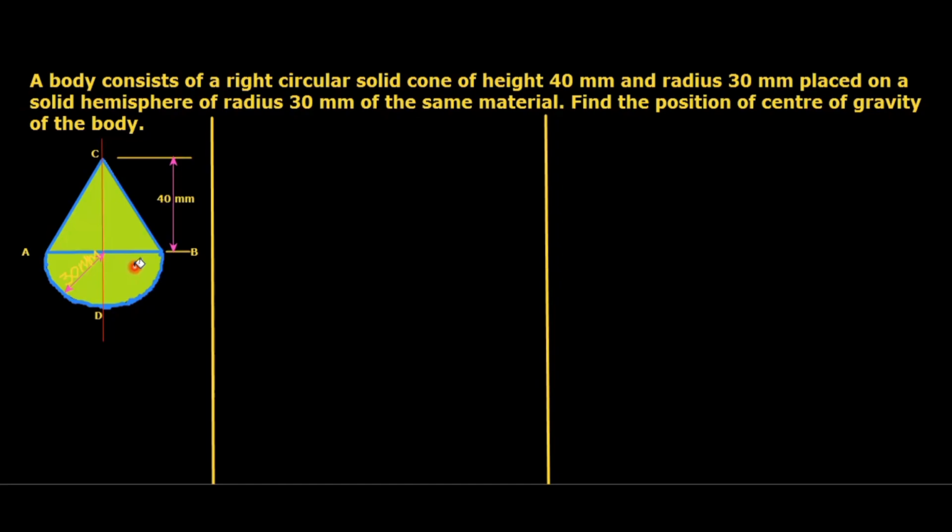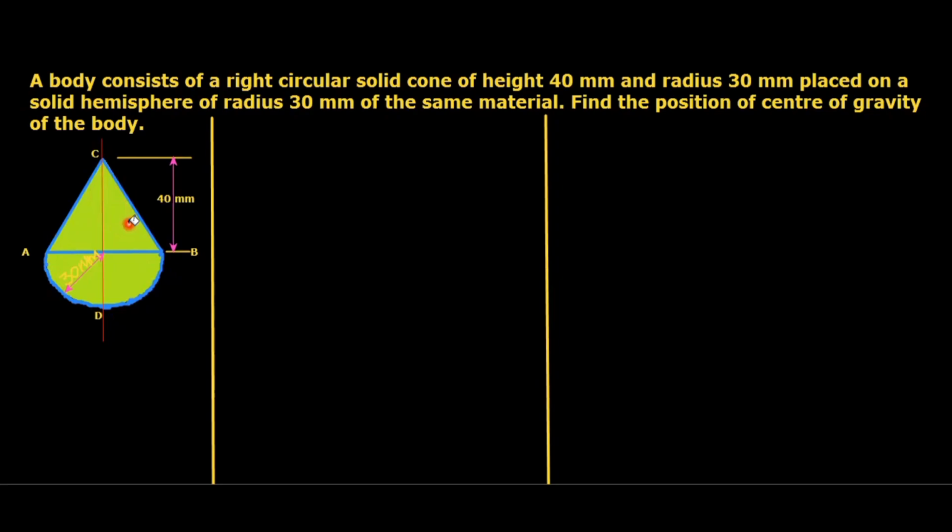Here this is the joining base for the two solid segments. One is the right circular solid cone, another one is the hemisphere. For our convenience, I am going to split this into two segments: one is the hemisphere, another one is the right circular solid cone.